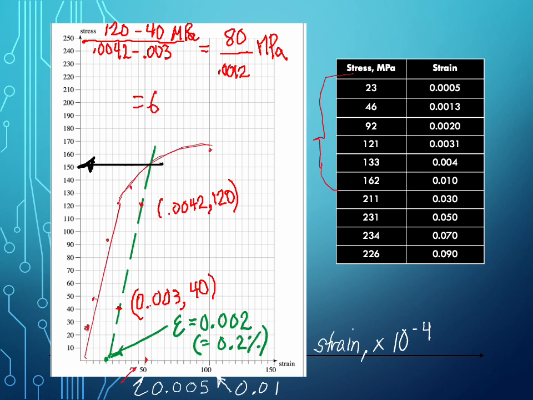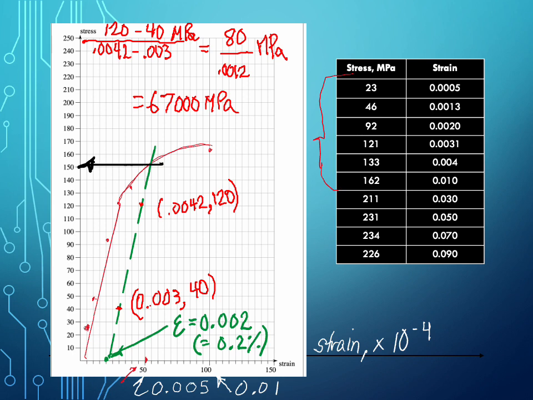We'll say, really, as far as significant figures, we probably can't go beyond 2. So we would say this is 67,000 megapascals. Again, a megapascal is 10 to the 6 pascals.